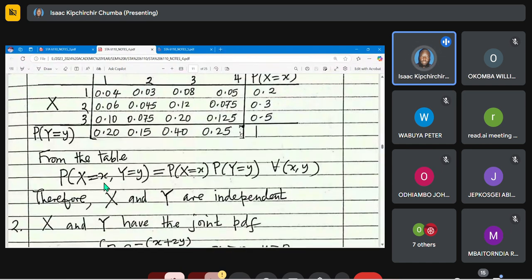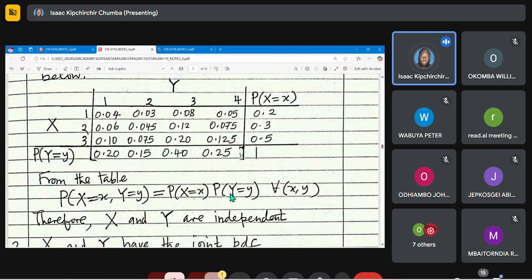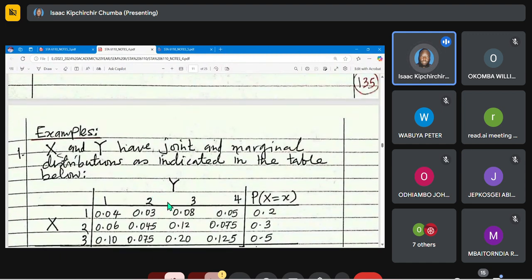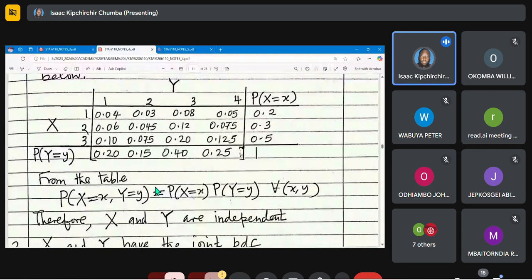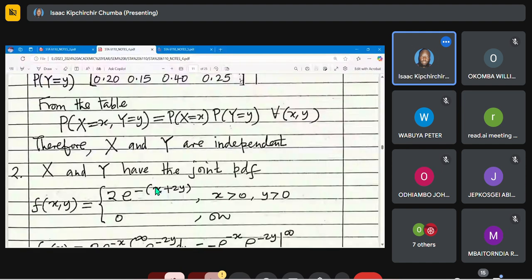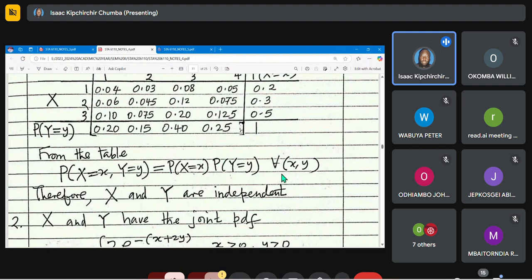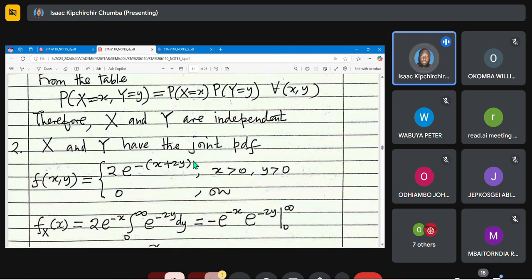The joint probabilities equal the product of the marginals for all x, y, meaning the random variables in question are independent. It should hold for all possible values. If you find only one case which is not true, then you cannot deduce that they are independent.